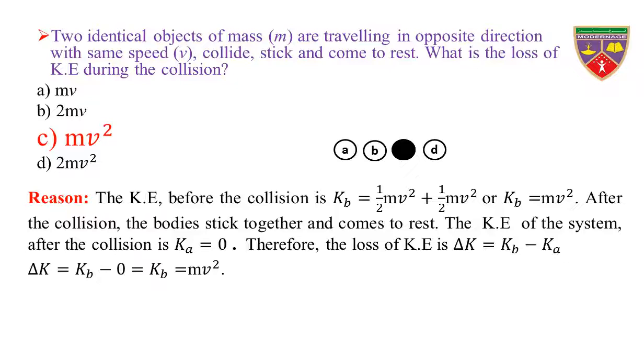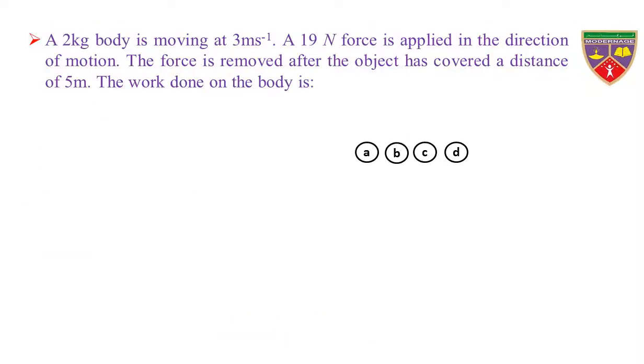Therefore, the loss of kinetic energy is ΔK = Kb - Ka, or ΔK = Kb - 0, which is equal to Kb = mv². Hence, the loss of kinetic energy is mv².